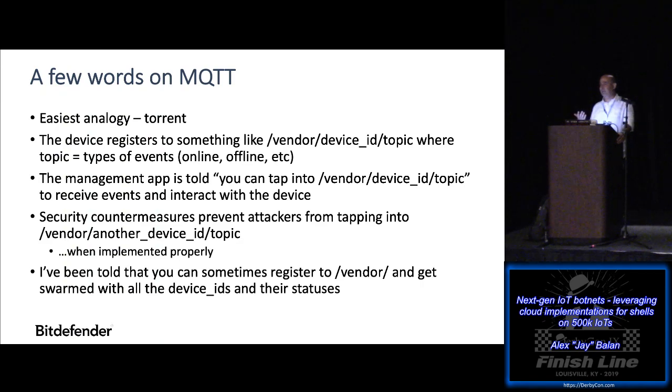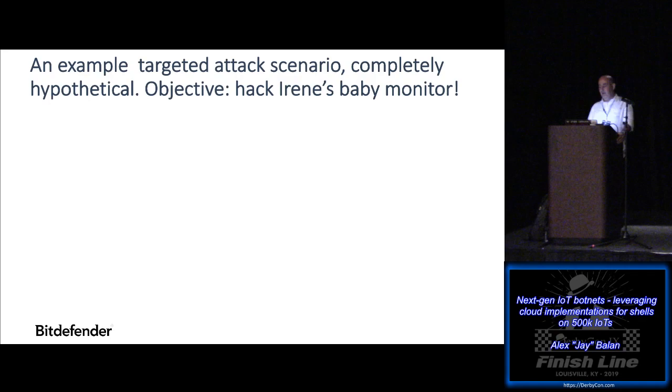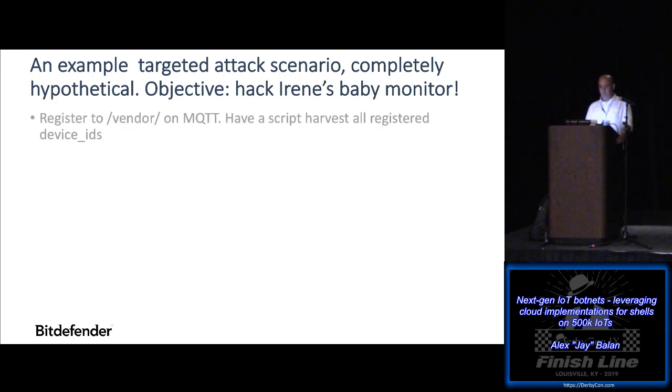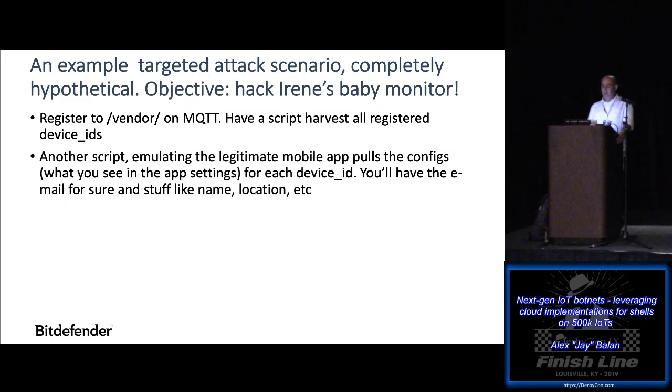And it's as simple as, hack Irene's baby monitor. Yeah. Again, purely hypothetical. You register to / on that vendor on MQTT. You look for all the notifications, you harvest all the device IDs that you see, and then you emulate the mobile app to pull the config for that device ID.